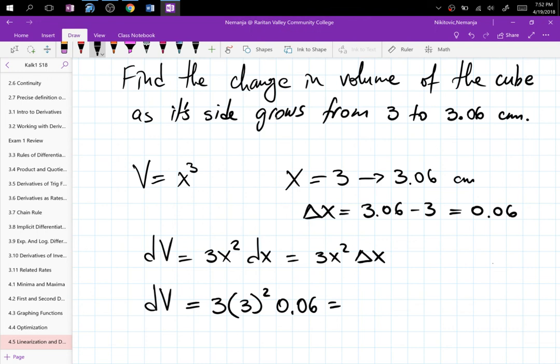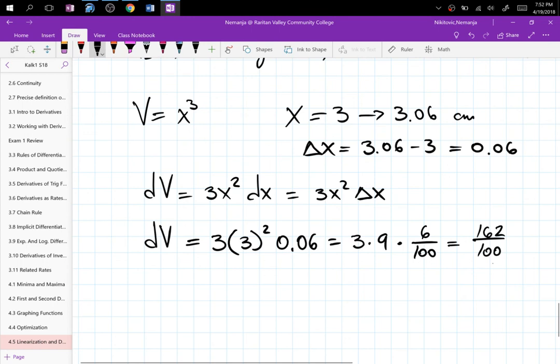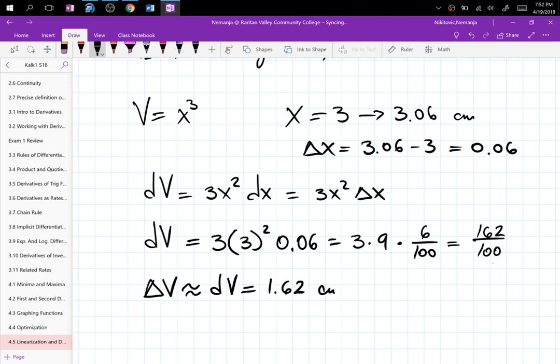This is 3 times 9 times 6 over 100. So we have 81 times 2. What's 81 times 2? 162. Divided by 100. So the change in volume is approximated by the differential dV, which is 1.62 centimeters cubed.